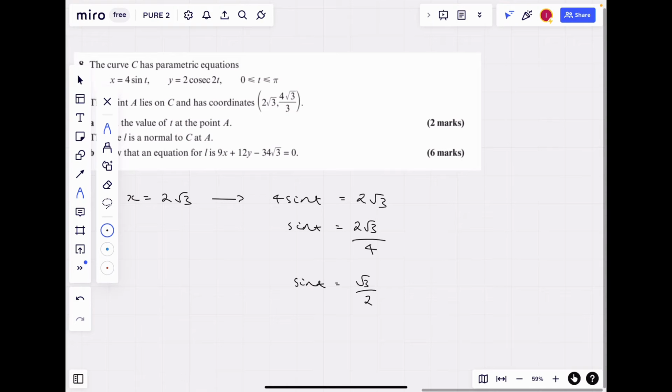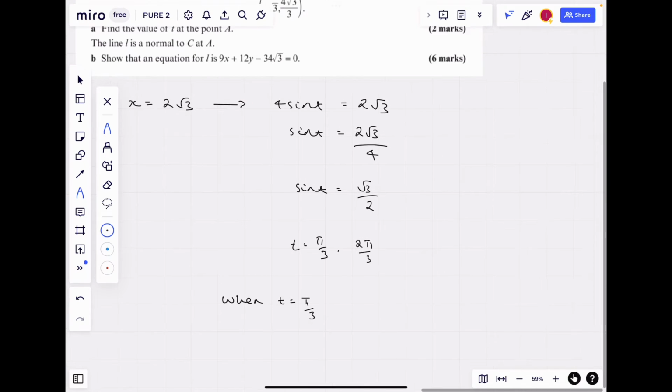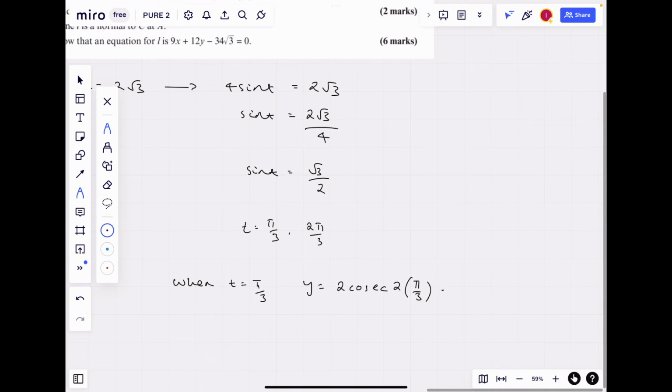When you solve that, t equals pi over 3, and using the CAST diagram, 2 pi over 3. Okay, when t equals pi over 3, then y equals 2 cosec 2 and then pi over 3, which is the same as 4 over root 3, which is 4 root 3 over 3 after rationalizing the denominator.